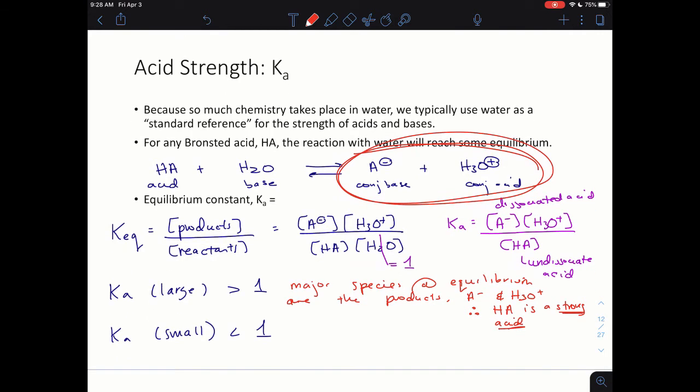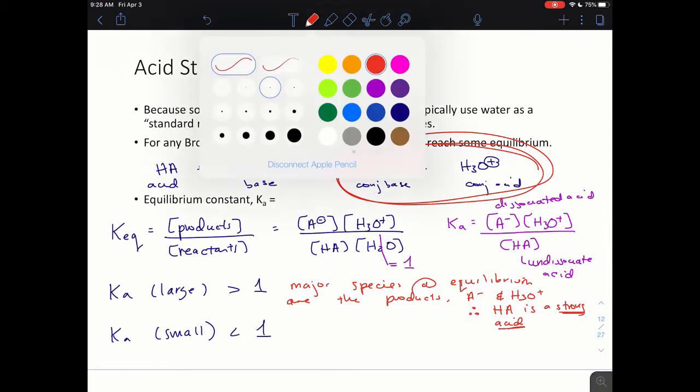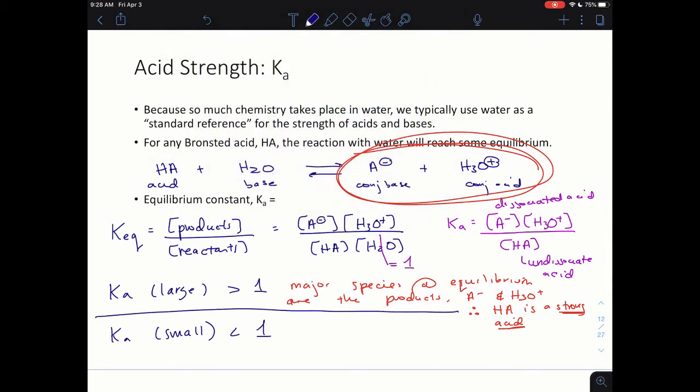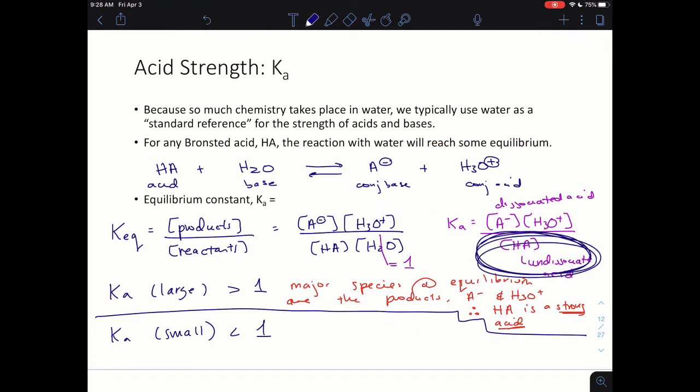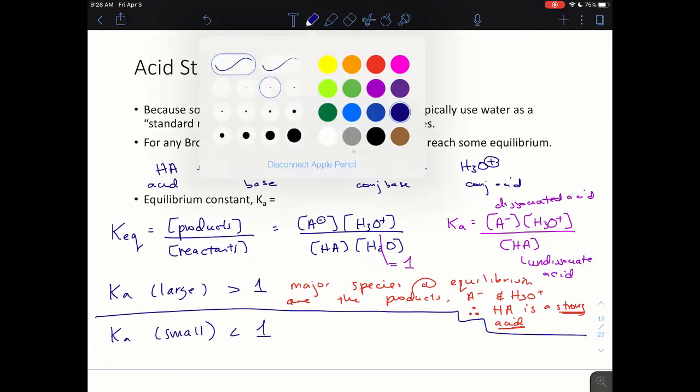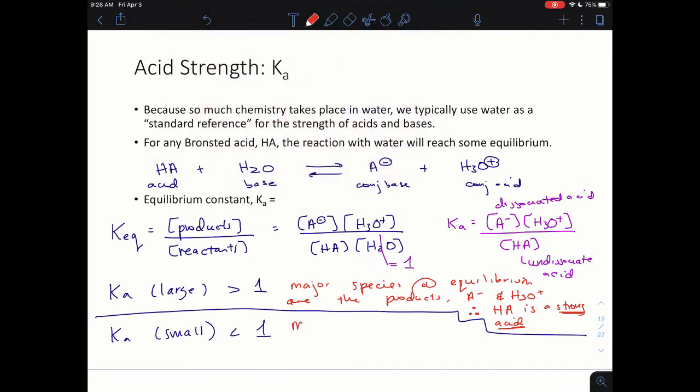Now, if the Ka is small, if it's less than 1, that means that the denominator, the undissociated acid, is larger than the numerator of the Ka expression. So in that case, the major species at equilibrium is the undissociated acid, HA.